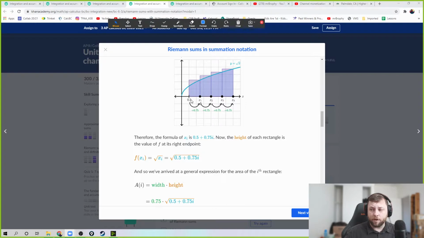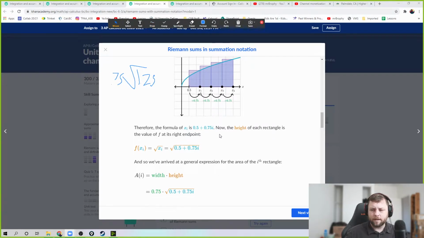You're starting at 0.5, and every time you do a new rectangle, this one's going to be at 1.25 times 0.75. The next one would be the square root of 1.25 times 0.75. The next one's going to be the square root of, I don't even know what that is. Whatever that is. I'm getting distracted.